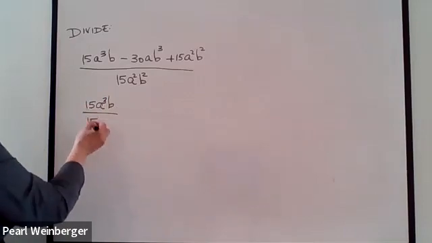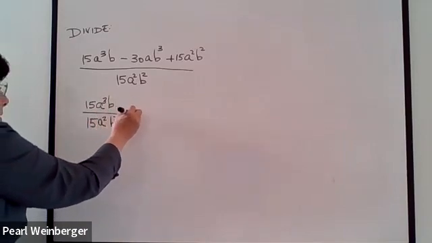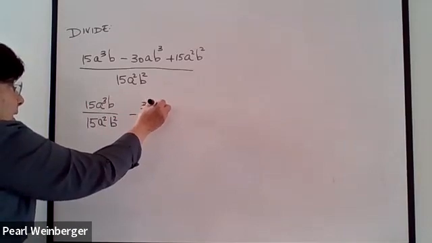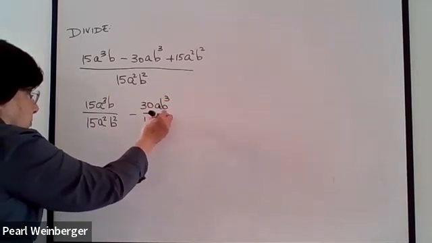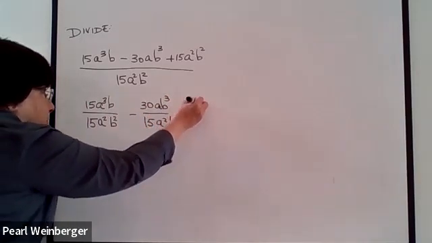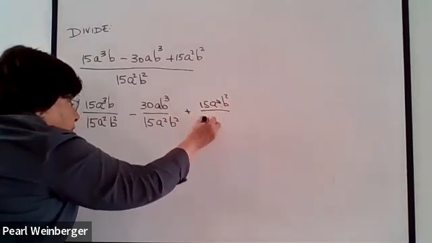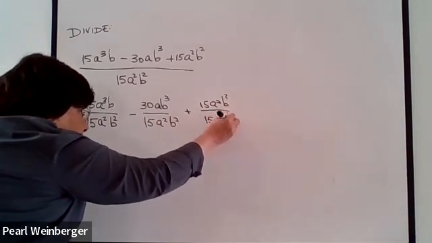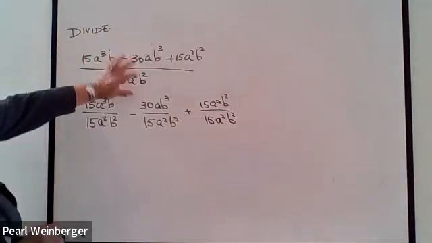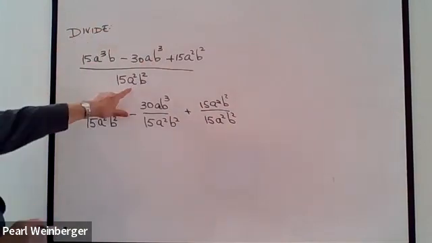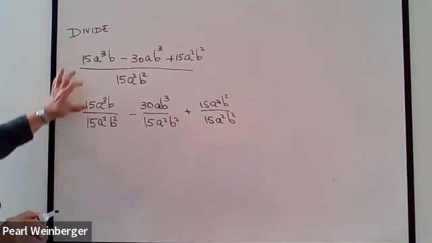So first I'm going to have 15a to the third b over 15a squared b squared minus 30ab to the third over 15a squared b squared plus 15a squared b squared over 15a squared b squared. So I just rewrite it so each term from the top is individually over the denominator, so we get three separate fractions that we're now going to simplify.